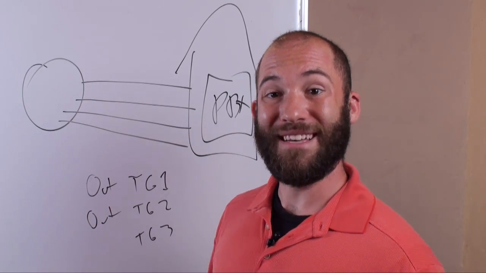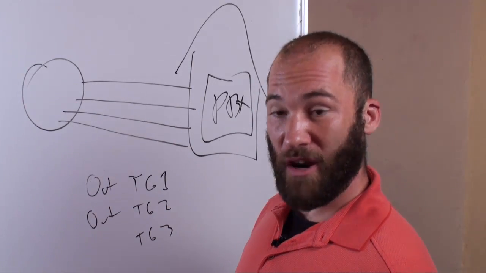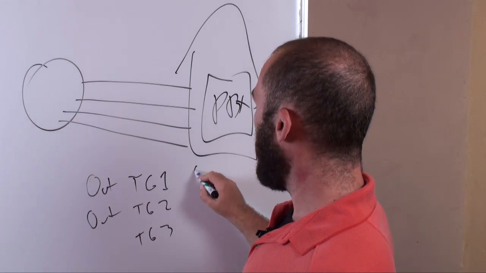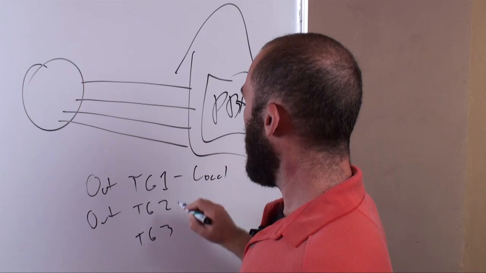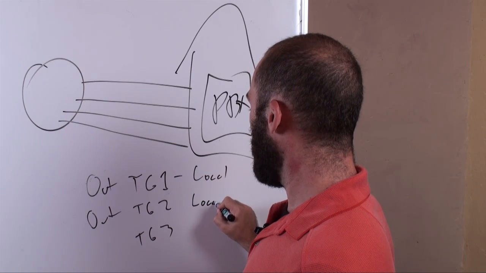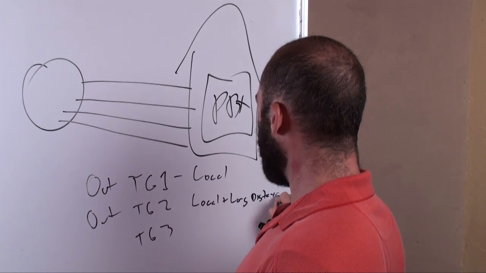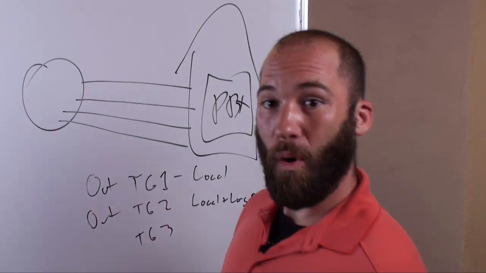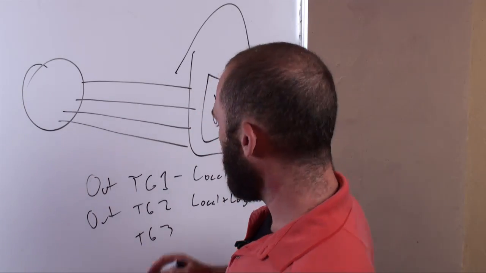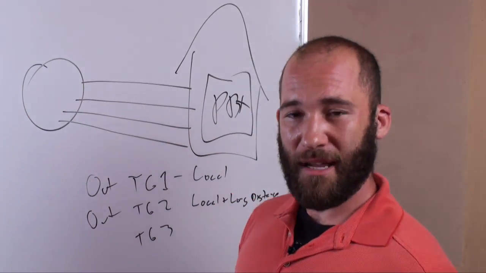So what you can do is separate your trunk lines into different trunk groups. You can say trunk group 1 is only for local calls, and trunk group 2 is for local and long distance calls.